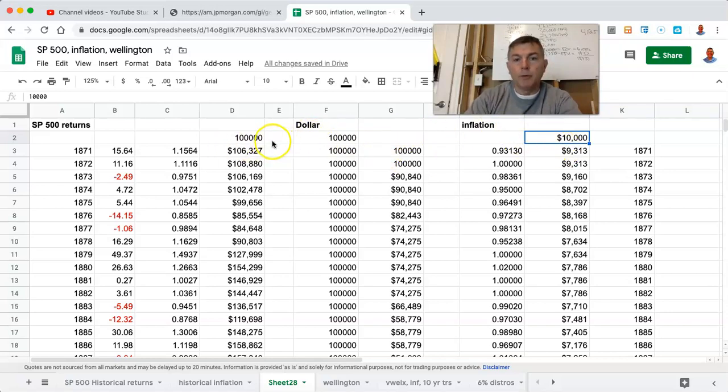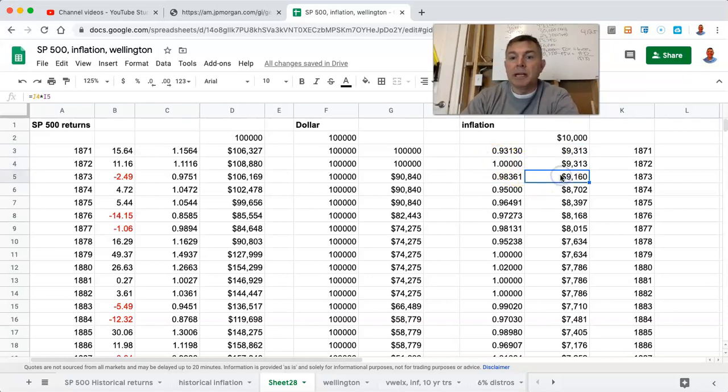So we have a portfolio of $200,000. We're taking $10,000 a year out of that, and we're going to adjust it each and every year with inflation, or in this case, deflation. So you'll see, after the first year we need $9,300. After the second year, we still need $9,300 because we had no inflation or deflation.